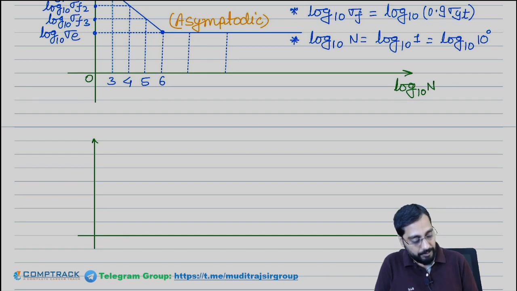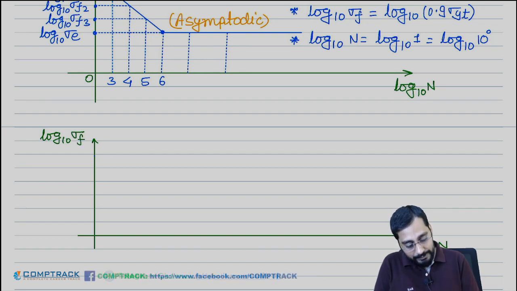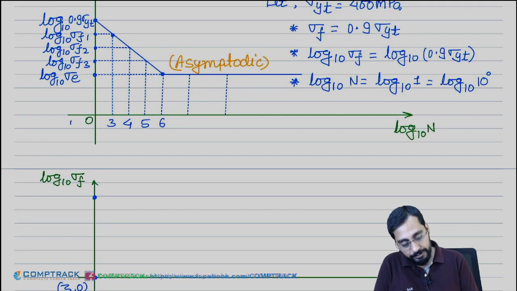For the steel, what will happen? The curve will start from 3. Here it will be 3 comma 0. Here it is 0 comma 0.